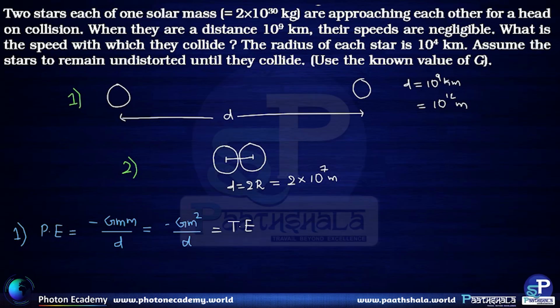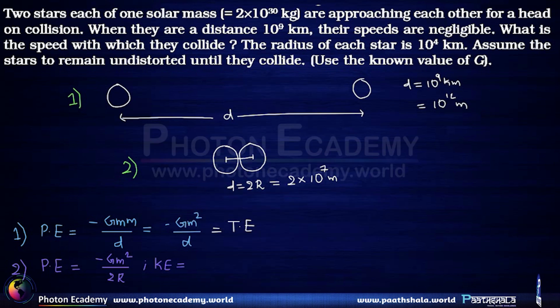And if we look at state 2, the potential energy is going to be minus GM squared by 2r, and the kinetic energy will be equal to the sum of the kinetic energies of both the bodies. As both are identical stars, both will possess the same velocity.